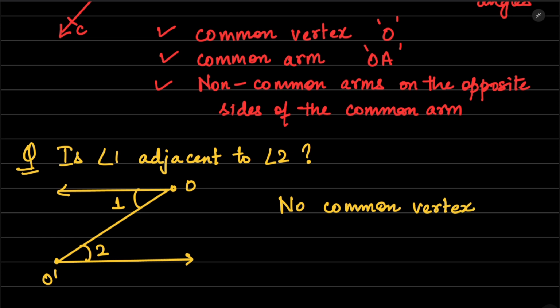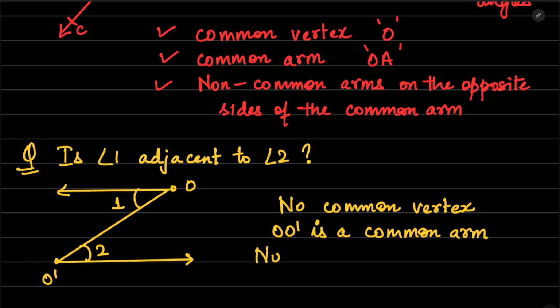Do they have a common arm? Yeah, the common arm is there, O dash. Even if one condition is not satisfied, we cannot say that angle 1 and angle 2 are adjacent.